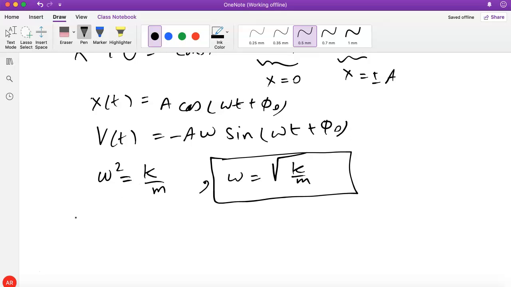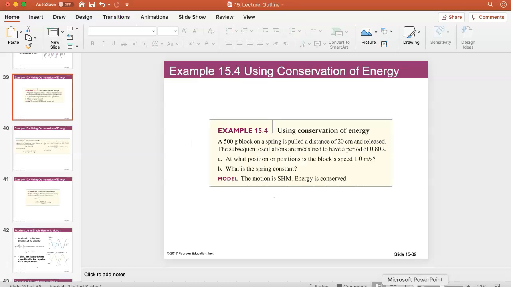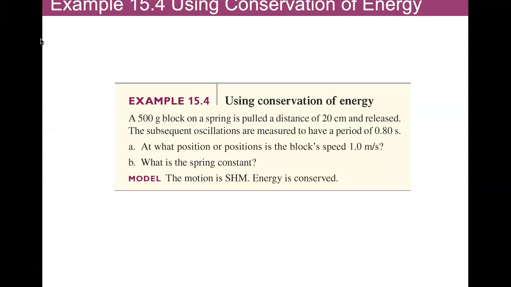But before going there, in the last lecture we ended with a problem. There was a practice problem using energy conservation, and hopefully you've all worked it out. So let's go back to this problem and try to solve it together. What was the problem?